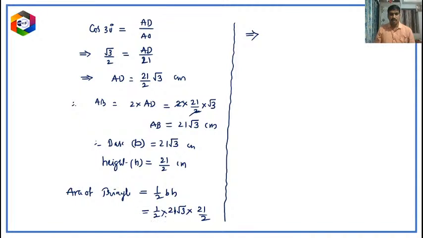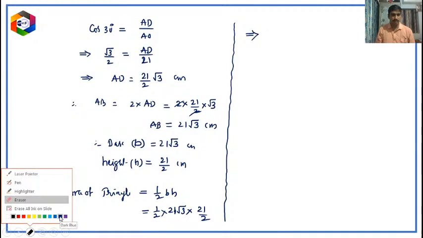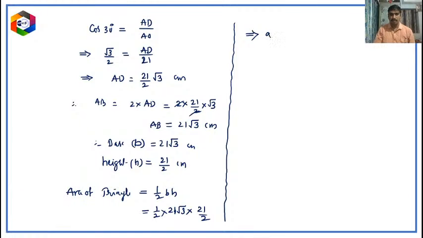So 21 into 21 is 441. So the area of triangle OAB will be equal to 441 by 4 root 3 square centimeters.